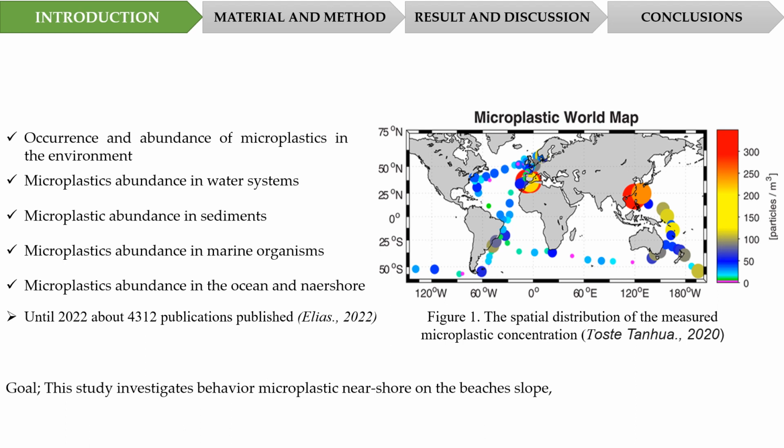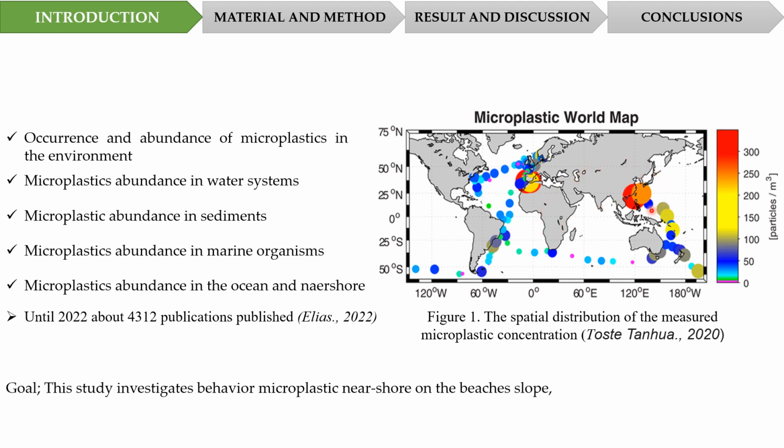Figure 1 shows the spatial distribution of major microplastic concentrations, and it shows two locations, Asia and the Arctic. We can see that these locations have higher microplastic concentrations than other areas.